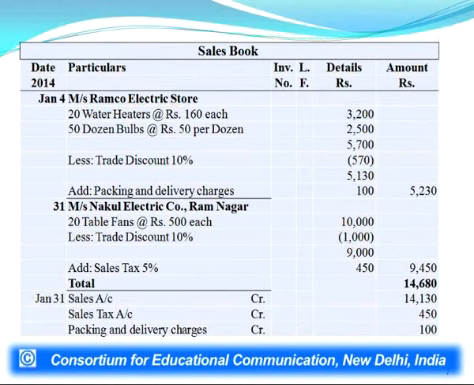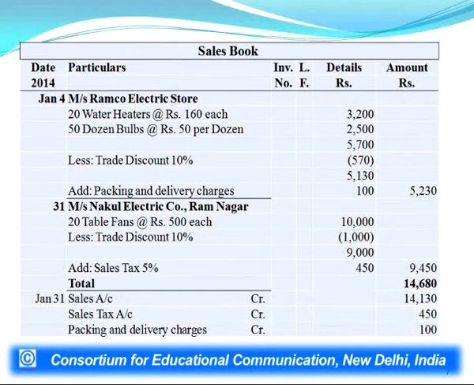And packing and delivery charges rupees 100 are not part of goods. When the firm pays packing and delivery charges, it makes the simple entry, packing and delivery charges account debit to cash account. So, this is basically a decrease in expenses, because the firm has charged it from the other party. So, this is to be credited to the packing and delivery charges account. This is the detail which we need to keep in mind.